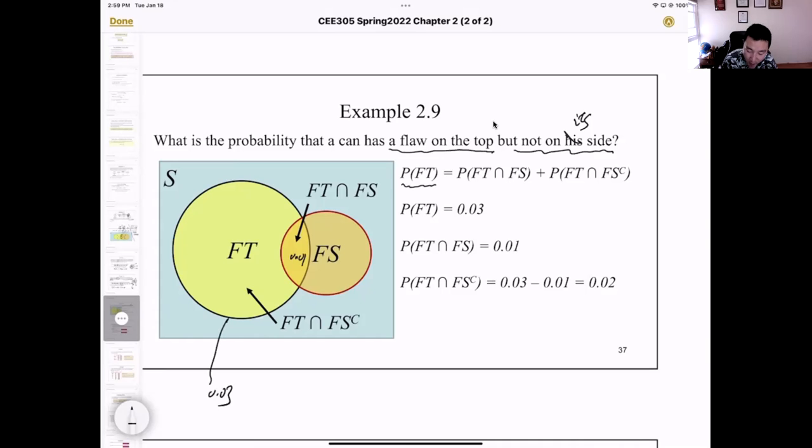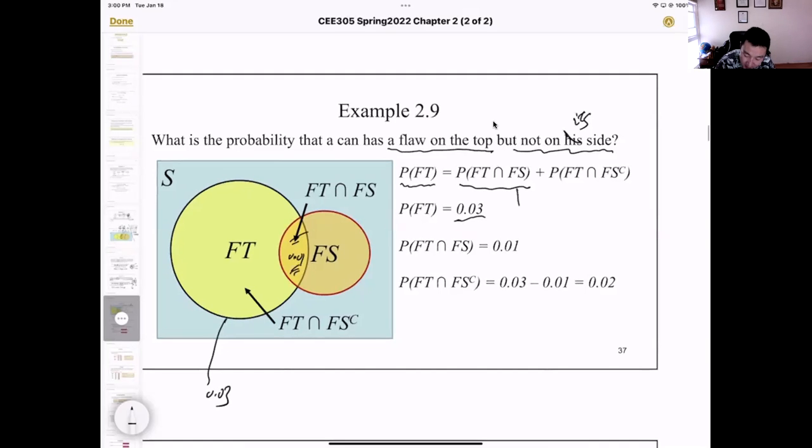The property has a floor on the top, which is this whole big yellow circle, 0.03 or 3%, and that is equal to this: the property has a floor on the top and has a floor on the side, which is this intersection, 0.01, plus this.